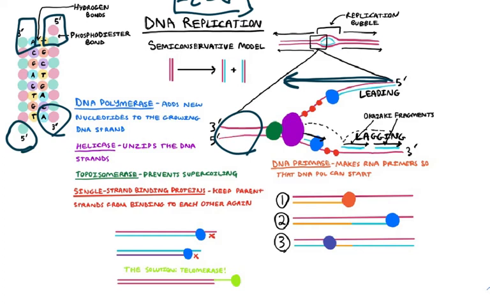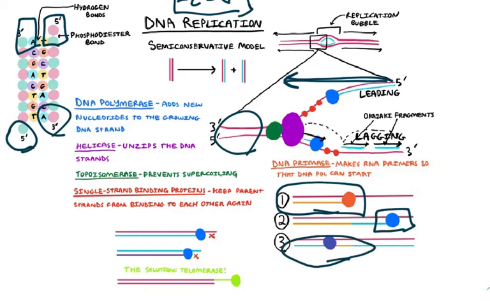So this DNA primase is going to make a short little primer of RNA. And now that there's something to work with, DNA polymerase can start to do its thing. Then eventually a different DNA polymerase at the end is going to come back and replace this RNA with DNA. And then finally an enzyme called DNA ligase is going to come in, and it's going to put these two DNA pieces together.